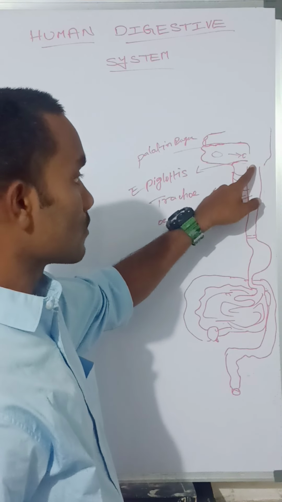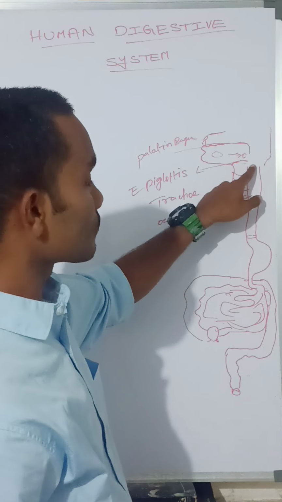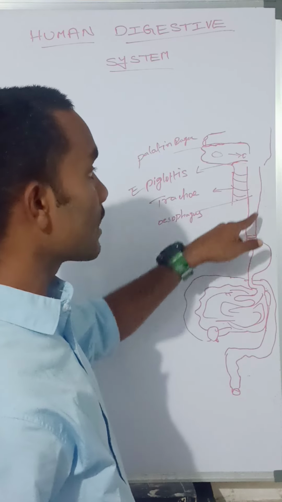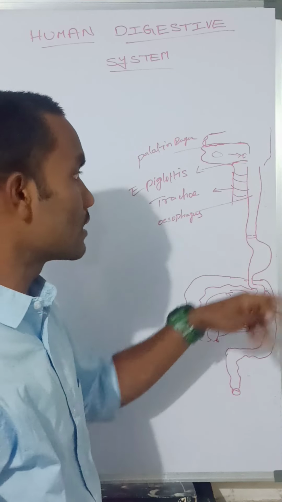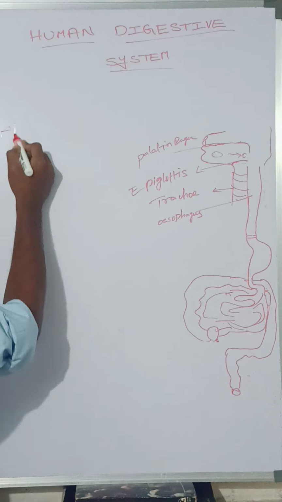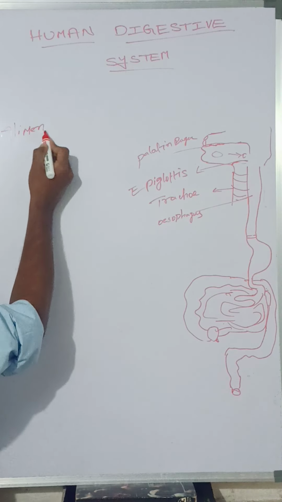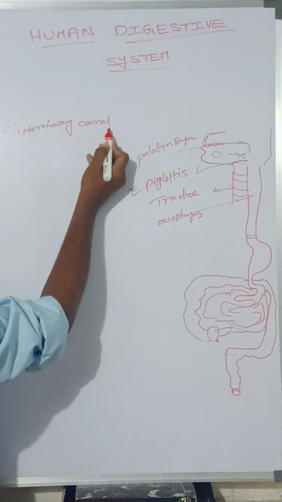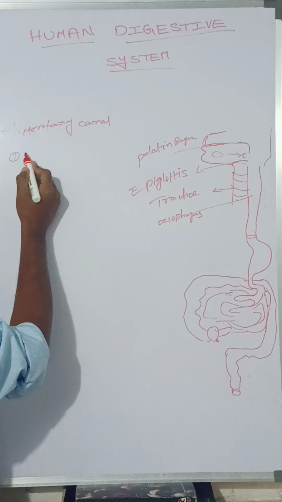From the esophagus to the anus, the alimentary canal is made up of 4 layers. How many layers? 4 layers. Which one? The alimentary canal. That is, one is serosa.